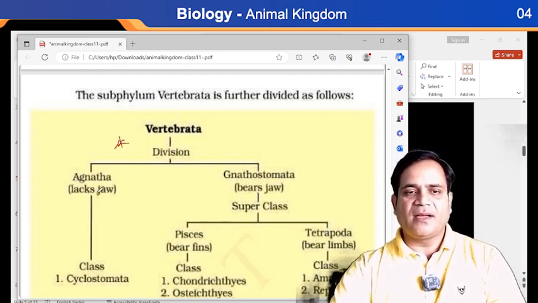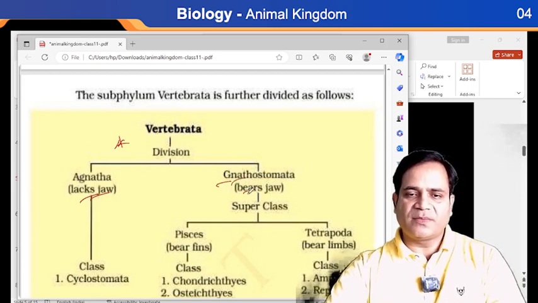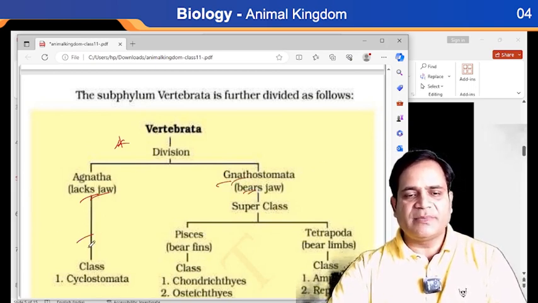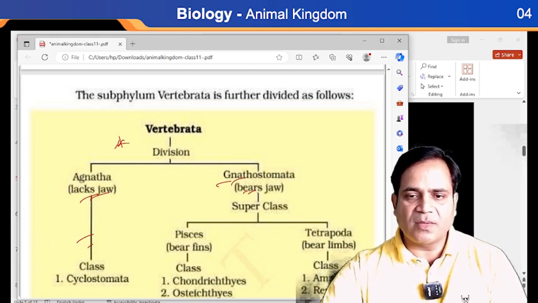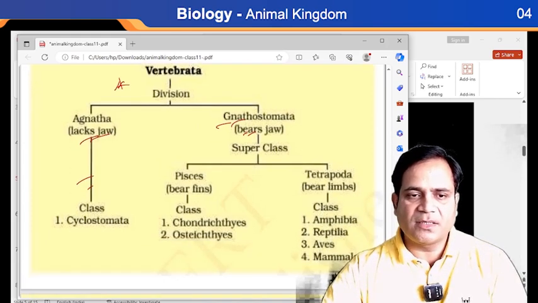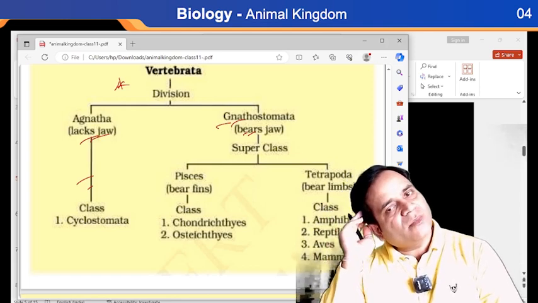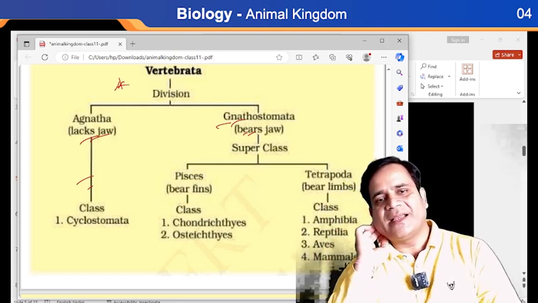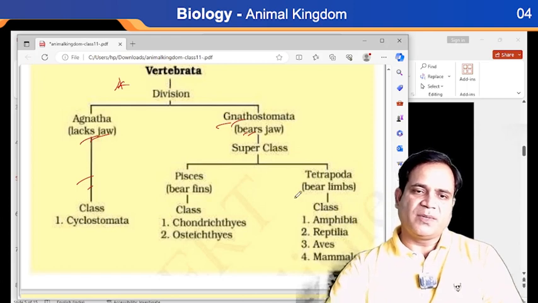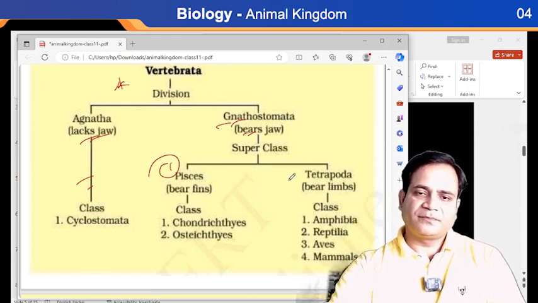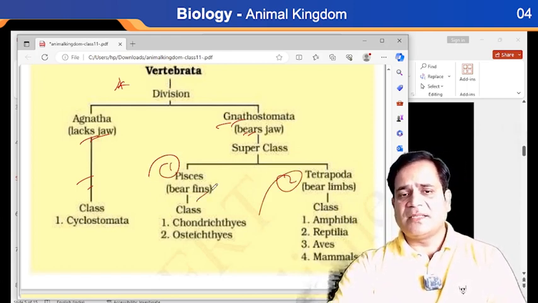One is Agnatha, that is lack of jaw, and Gnathostomata, having jaws. Agnatha means what? It has one class, Cyclostomata. And Gnathostomata has superclasses. Those superclasses are what? Pisces and Tetrapoda. Pisces bear what? Fins.